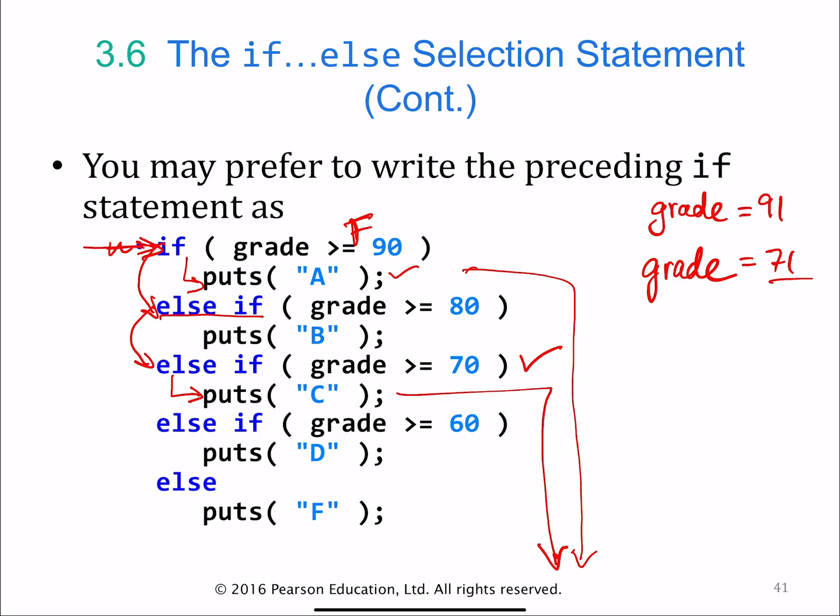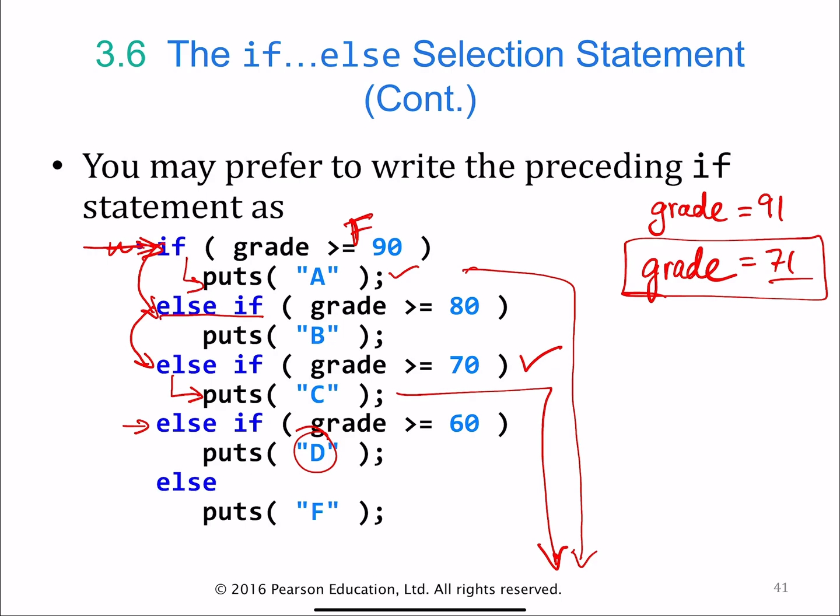We do not evaluate this condition because this would also be true, right? If a student has a grade of 71, that same grade would also be greater than or equal to 60. Now, if you know that the student will get a C, in our case, it wouldn't make much sense to then also print D. So just to explain, this is how this works.